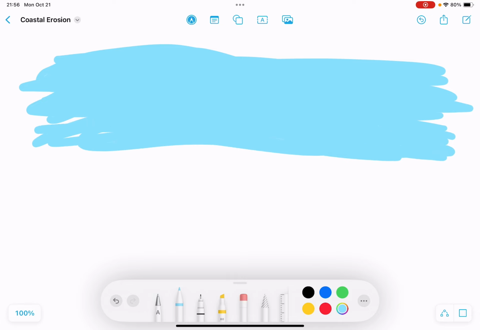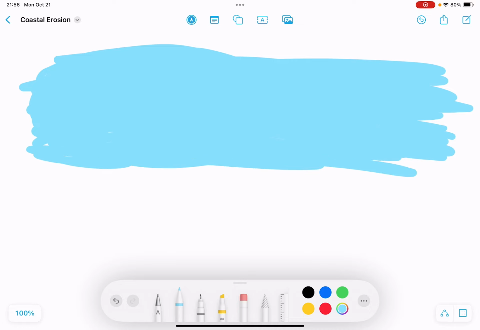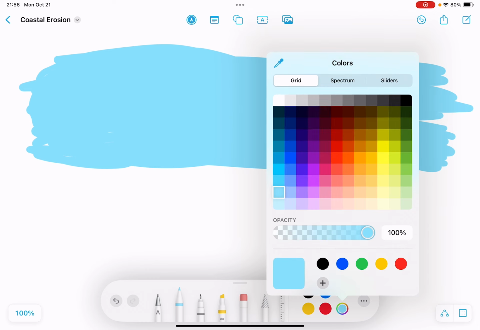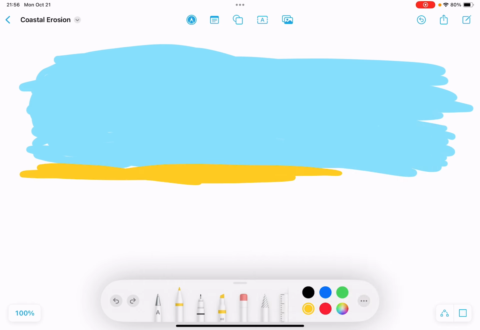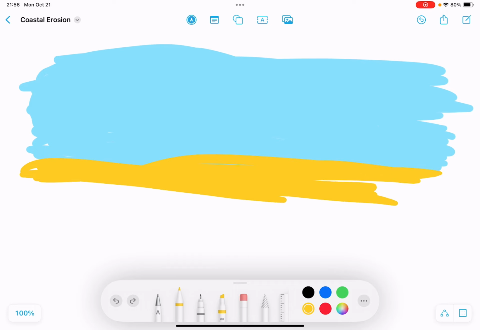And then a bit of coloring for the sea floor. I'll just use yellow for the sand on the sea floor, right? Let's just pretend the sea floor is all sand. So that's the sea floor and the blue part is the sea.